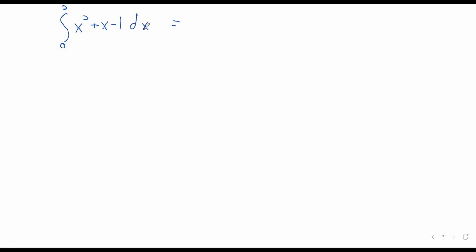So as far as finding the exact answer, 1/3 x cubed plus 1/2 x squared minus x from 0 to 2, 8/3 plus, so 4 over 2 is 2, minus 2. Okay.